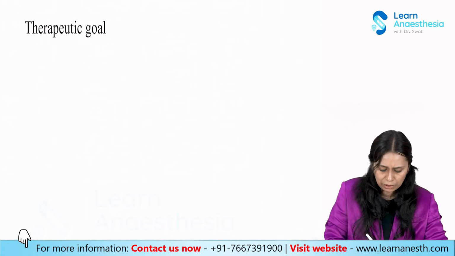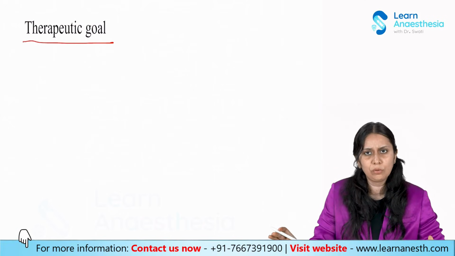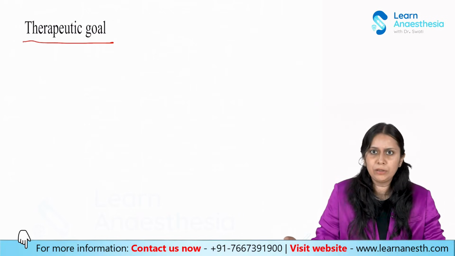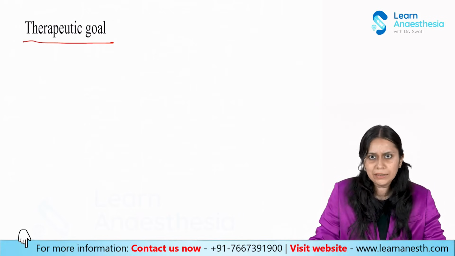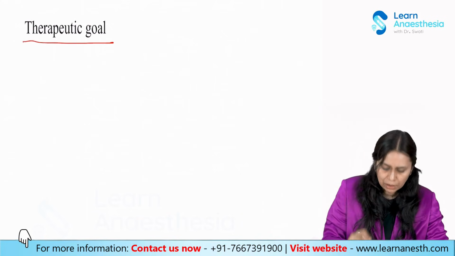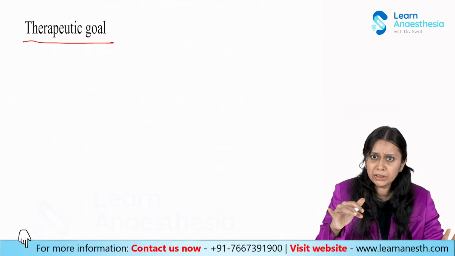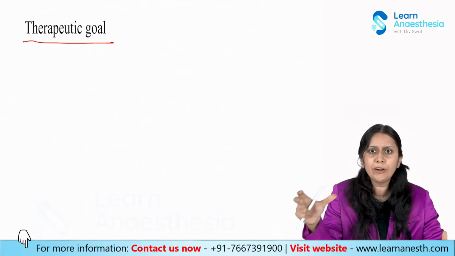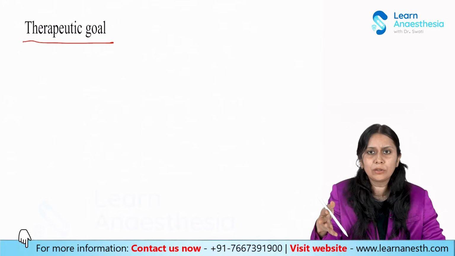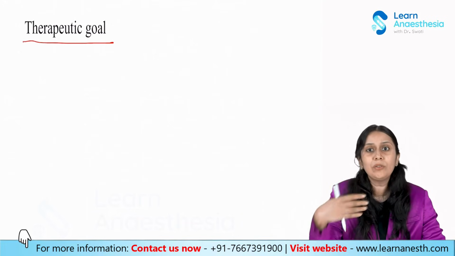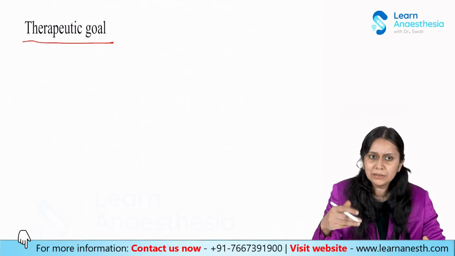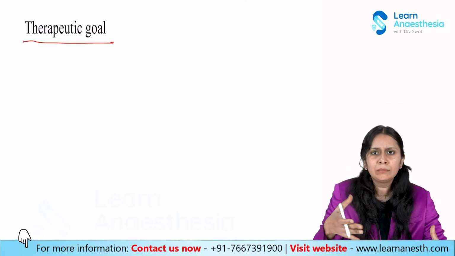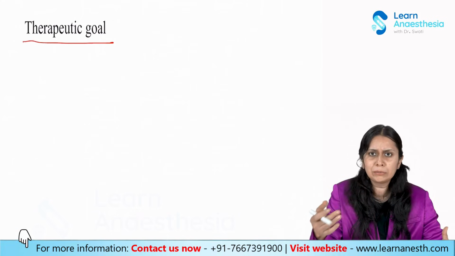So, what is the therapeutic goal? What should we achieve when we are giving the bicarbonate therapy? The primary goal is to increase the pH, right? Now remember, bicarbonate therapy is to increase the pH, but you have to be very careful in giving the bicarbonate. It's a hyperosmolar solution, plus it is soda bicarb, which is most commonly used, so it can impair the electrolyte balance of the body.